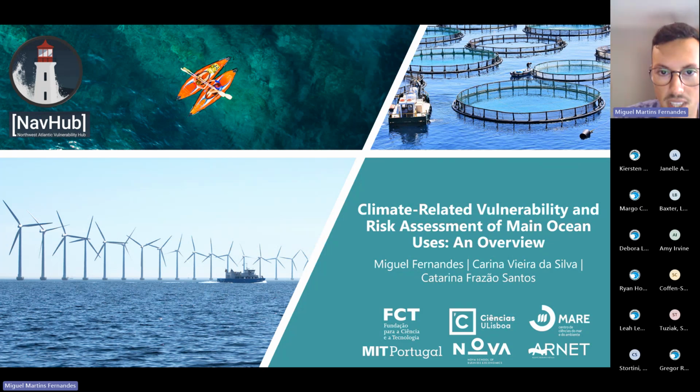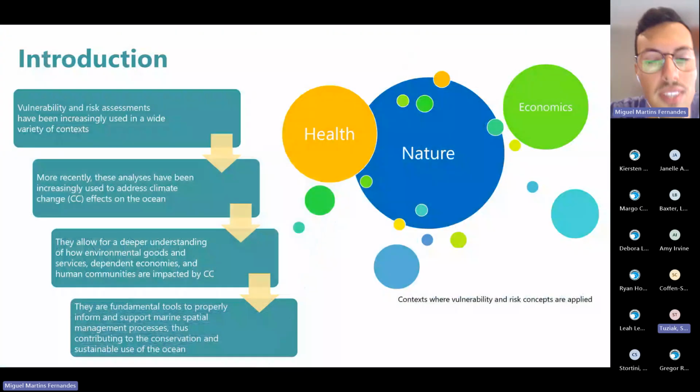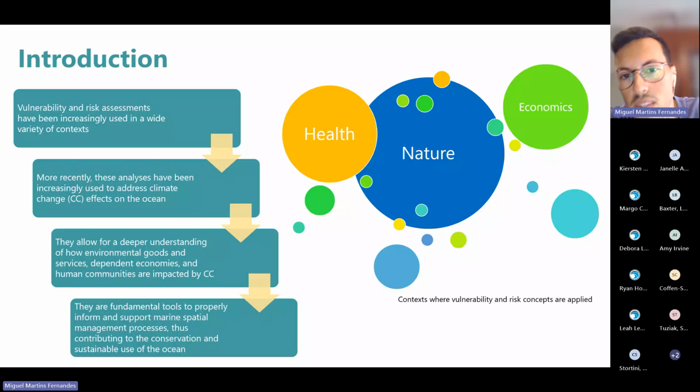So let's start. Briefly introducing that vulnerability and risk assessments have been used in a wide variety of contexts, from health to nature and even economics. And due to this variety of contexts, there are some doubts regarding what definitions to use sometimes and what the elements of risk are that we should use.